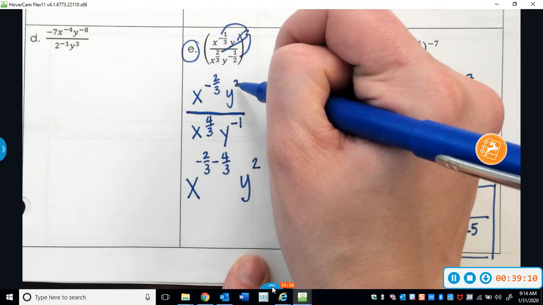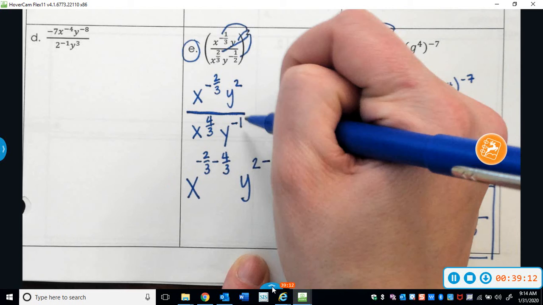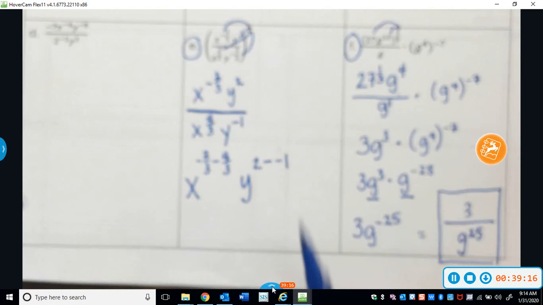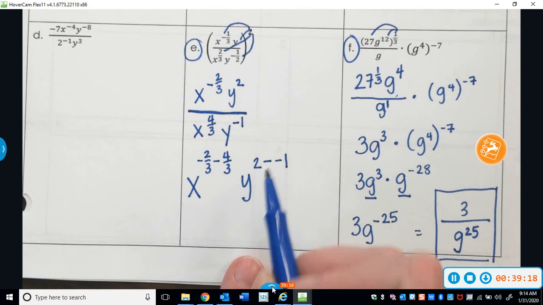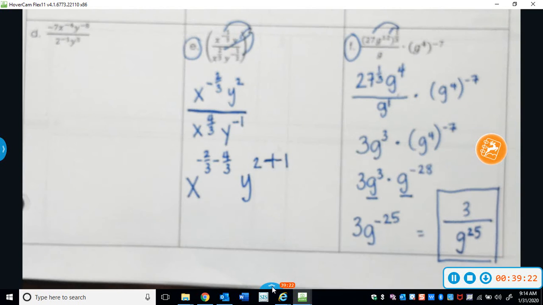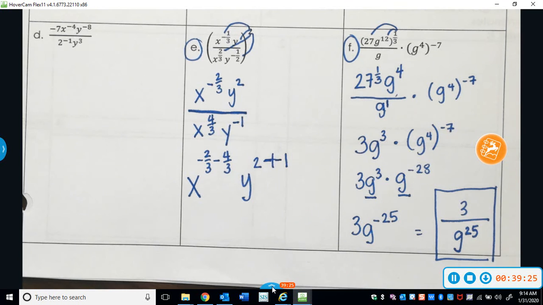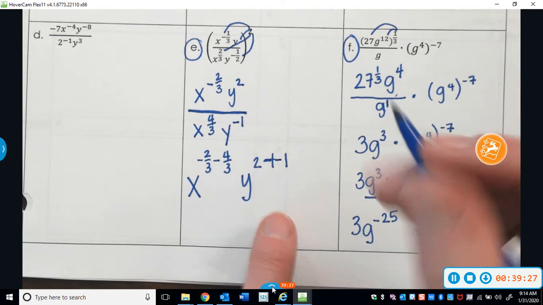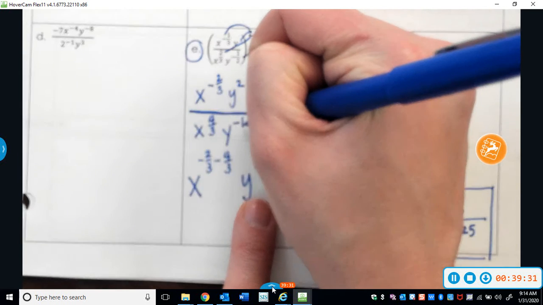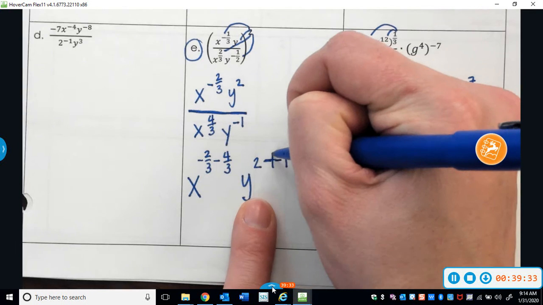So I'd be doing 2, just be careful, minus, and then that's a negative 1. So what's going to happen with this here if I have minus a negative? Yeah, so it's actually going to become plus a positive. So what I originally had was 2 minus negative 1. And minus a negative would equal plus.